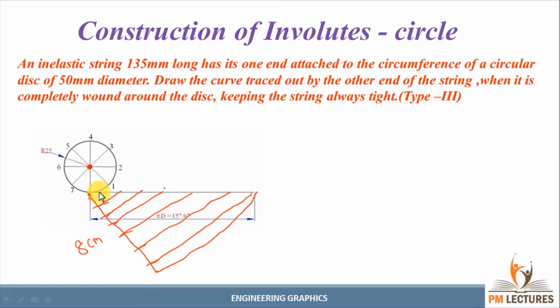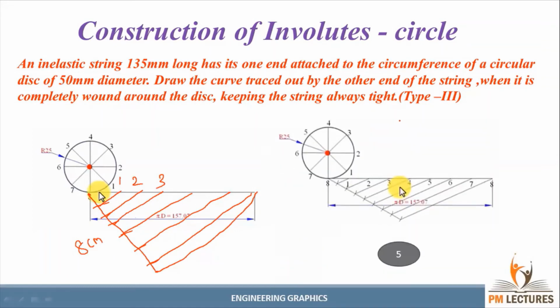So after doing this, you need to give the names 1, 2, 3 like this. After that, it will look like this. So after giving this, for the given string length, we need to mark from the eighth point. We need to mark the string length in the same horizontal line. It will become here approximately, and give the name as point P. Okay, so like this.